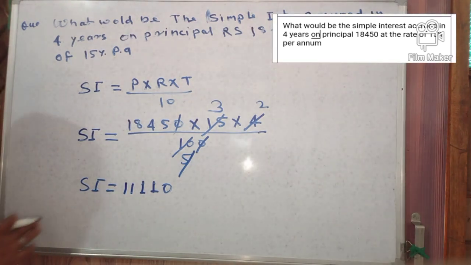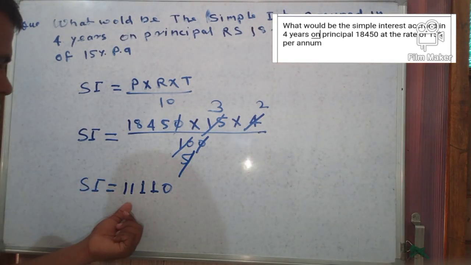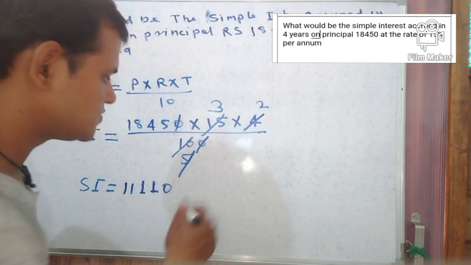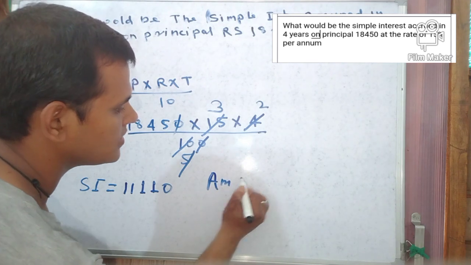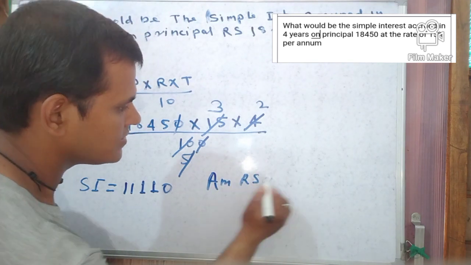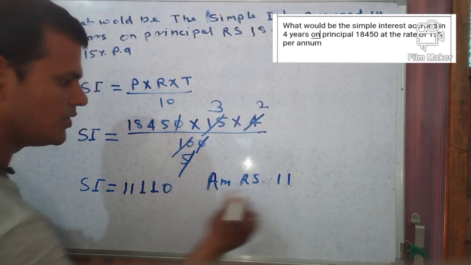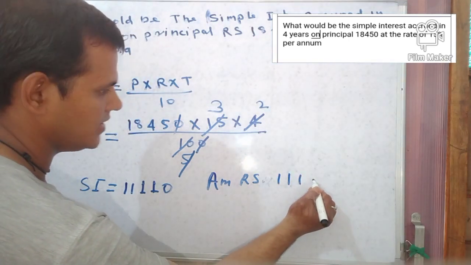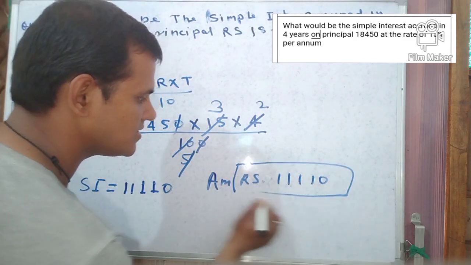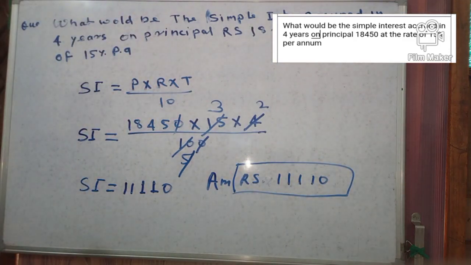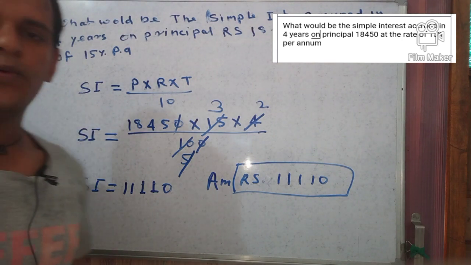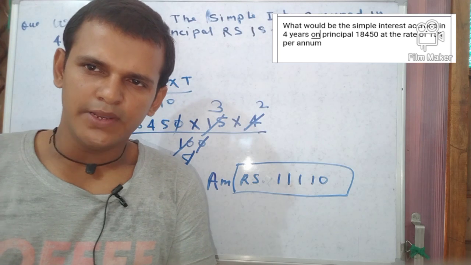So our simple interest equals 11,110. So the answer is Rs 11,110. So our answer is 11,110.